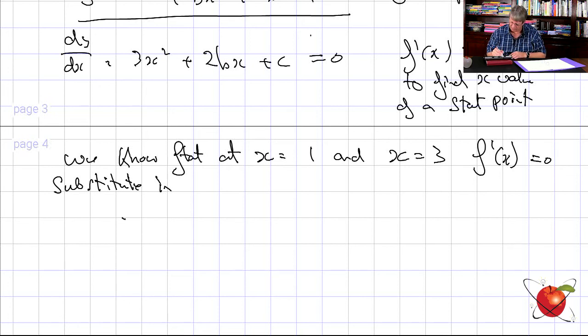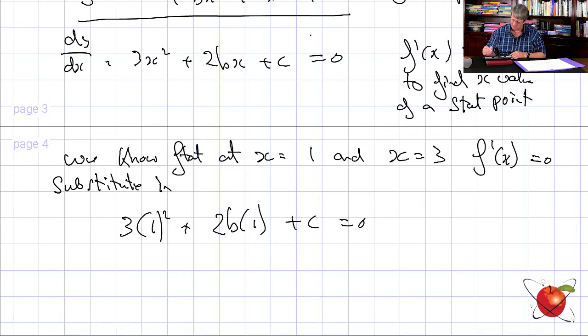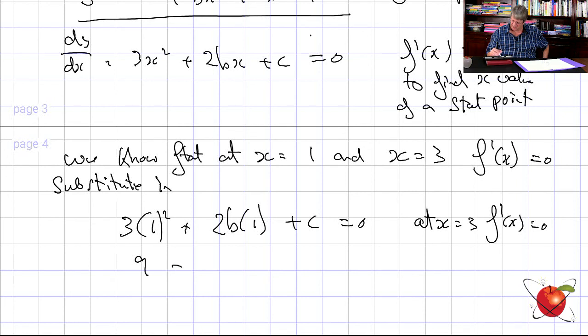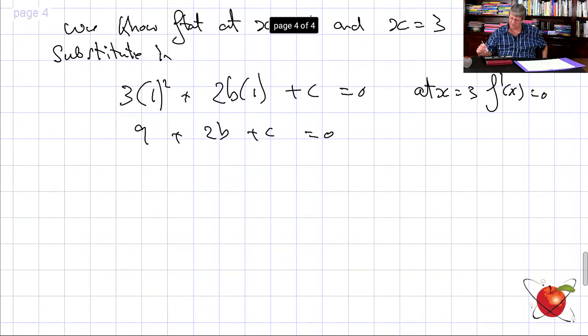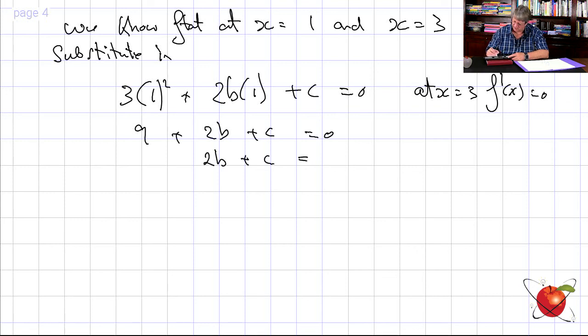Therefore, I can say, 3 times 1 squared plus 2b times 1 plus c must be equal to naught. In other words, at x equals 1, the f prime of x is equal to naught, which is 3 plus 2b plus c is equal to naught. So that then is 2b plus c is equal to minus 3.